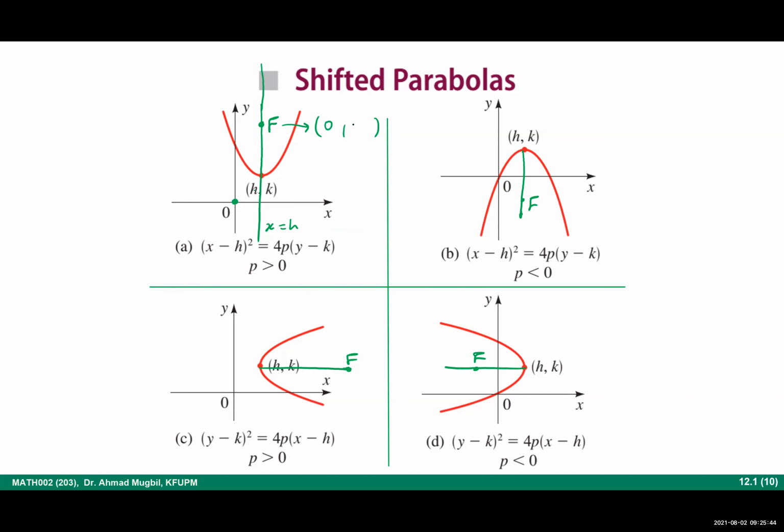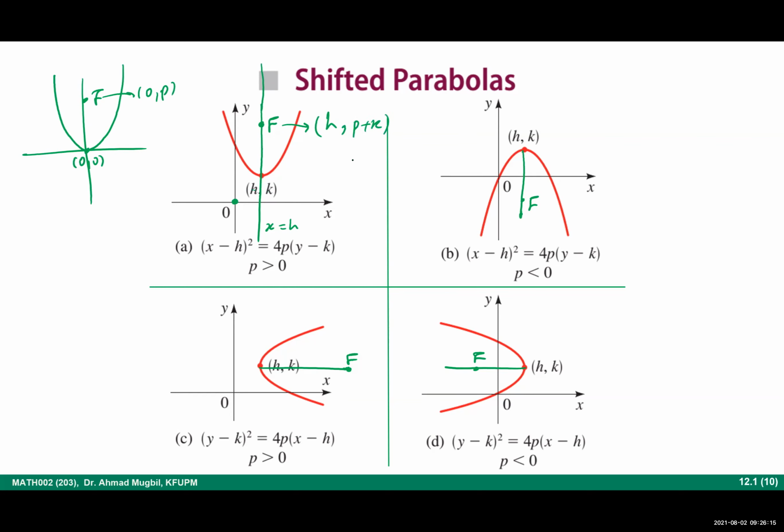No, this will be 0 and p if the vertex is at the origin. Here you will add h and k. So the x-coordinate will be h, the same as the vertex, and the y-coordinate will be k, but you will add p. So it will be h and k plus p.